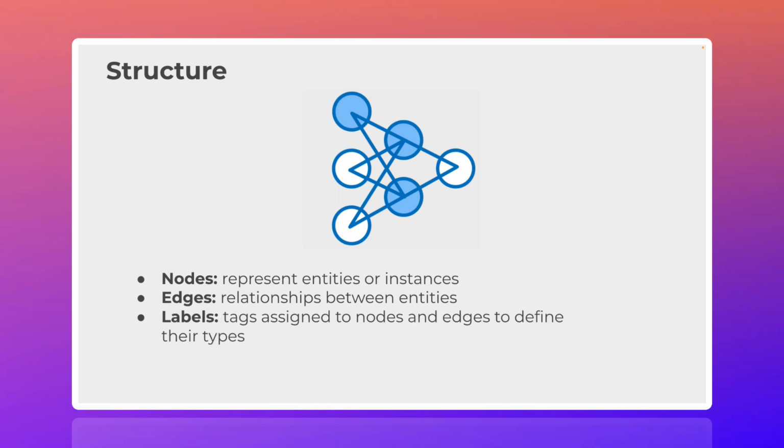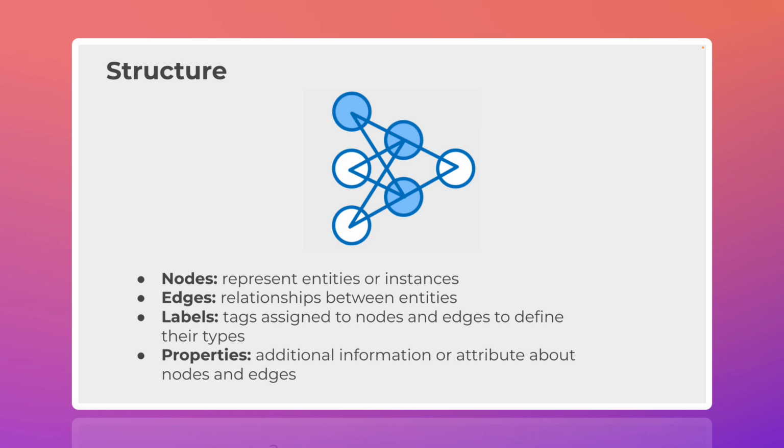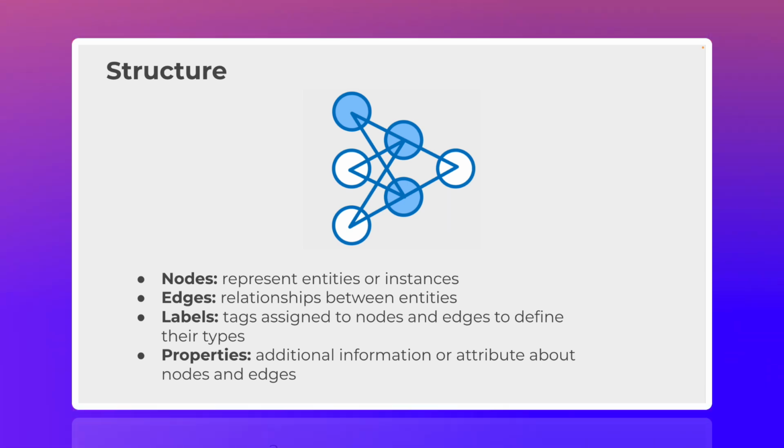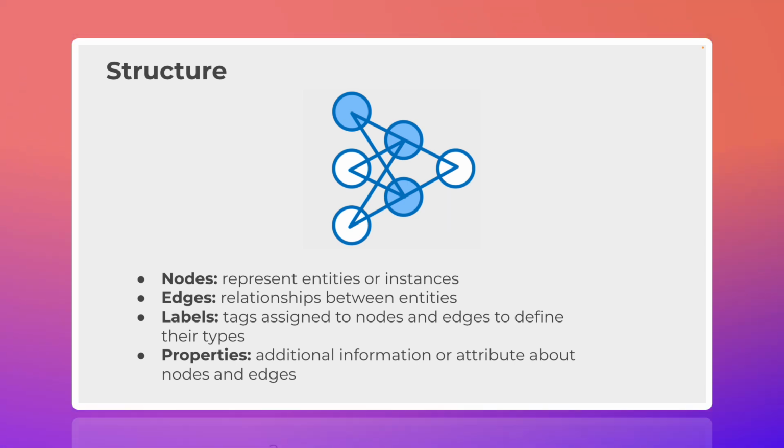Labels are little tags that can be assigned to each one of those nodes, as well as the edges, to define their types. We also have properties. These are other metadata, pieces of information or attributes about nodes and edges. This is just a general structure of a graph, mathematically speaking, but also when we talk about machine learning, AI, large language models and so forth.